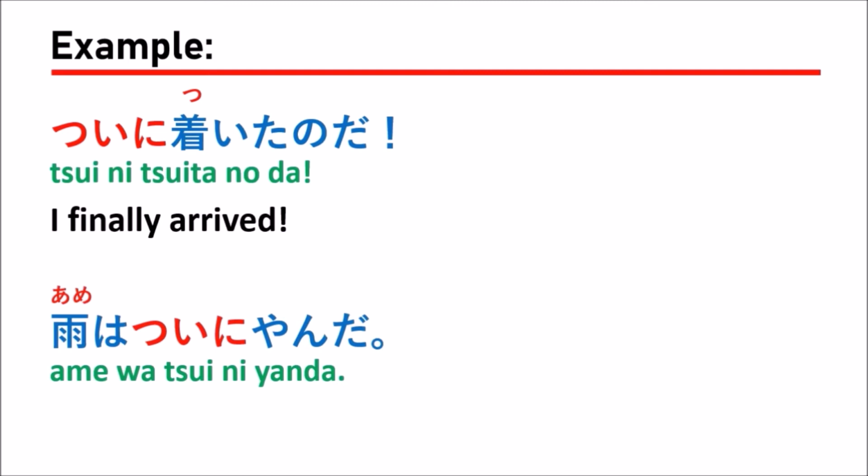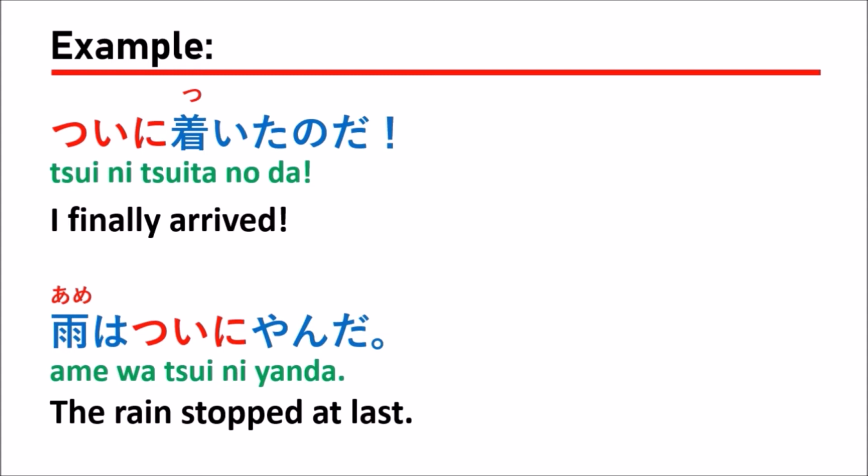The next example is 雨はついにやんだ, which means the rain stopped at last. That means at first it rained cats and dogs, but in the end it stopped, right?